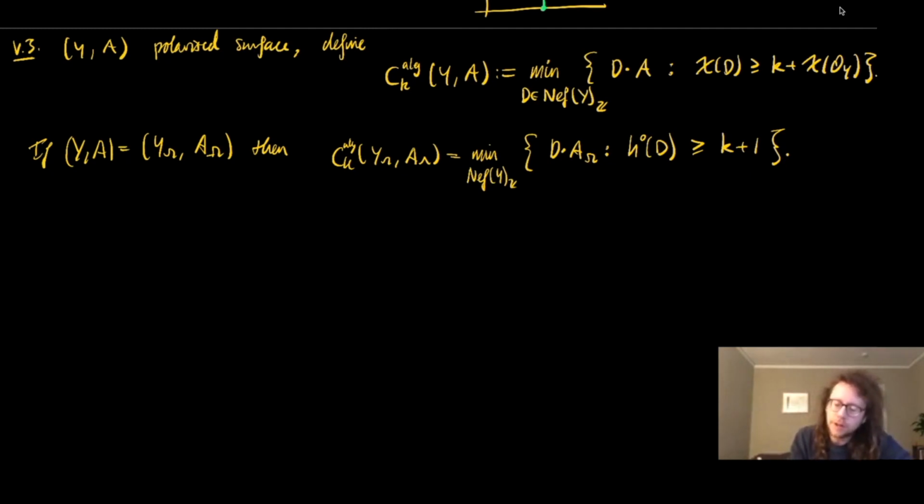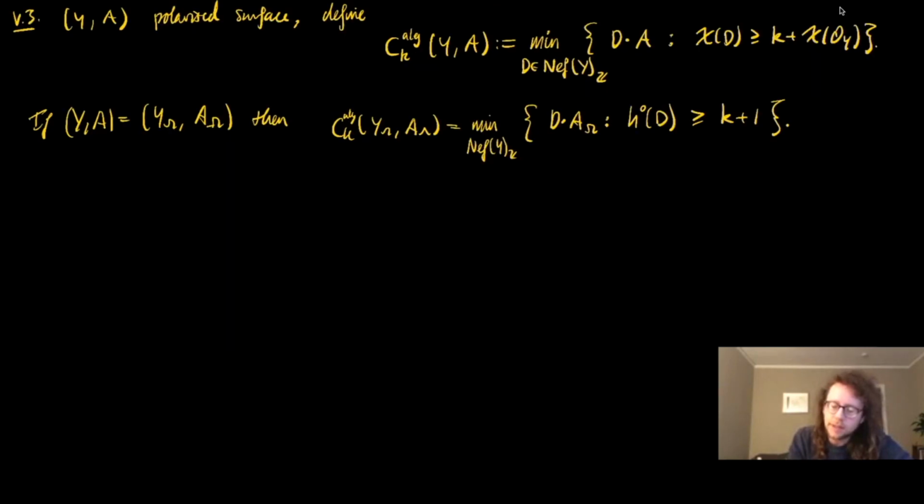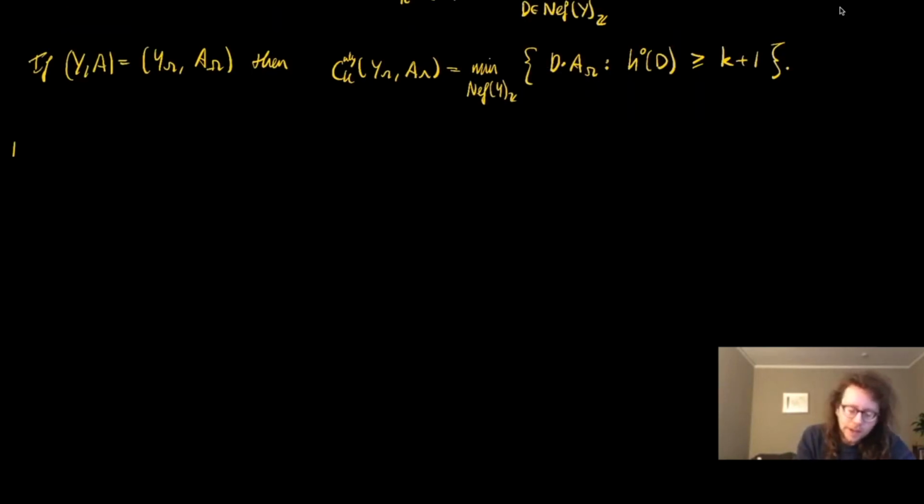Okay, so these are these three invariants: this symplectic invariant, this combinatorial invariant, and this algebraic invariant.